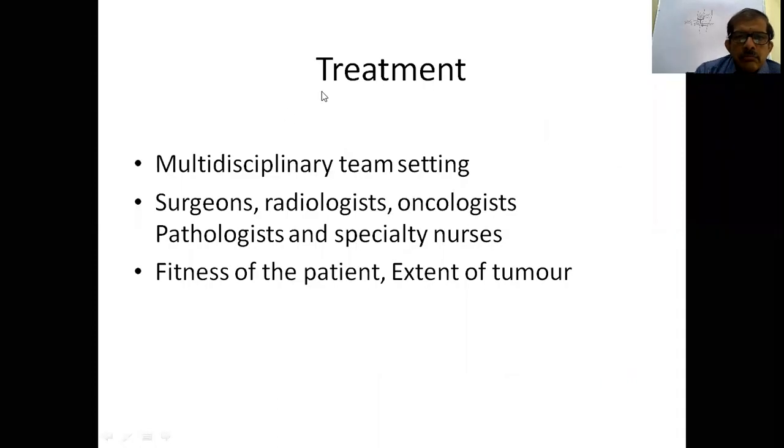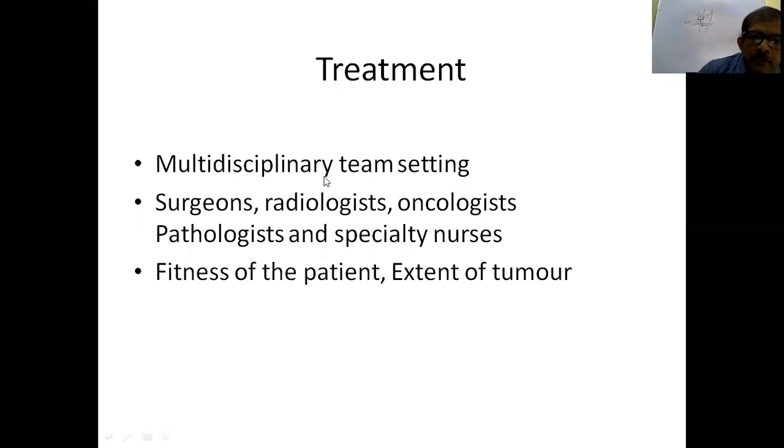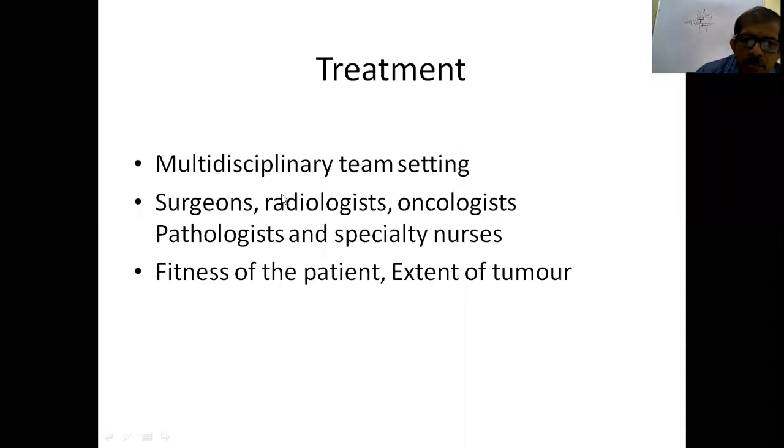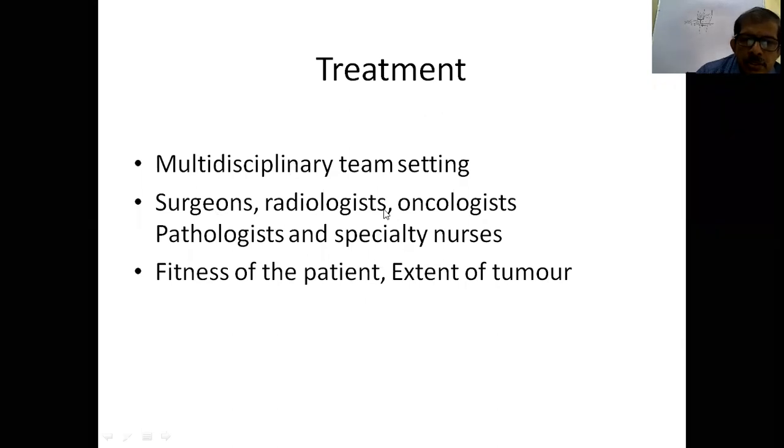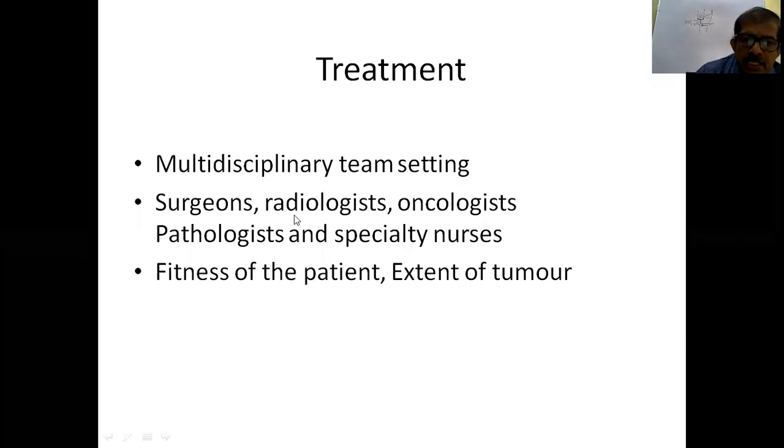So then what is the treatment? Treatment is multidisciplinary. Nowadays, unless you say this, multidisciplinary, people will not agree. So what is this multidisciplinary team? Surgeons, radiologists, because they should tell you the extent of the tumor.